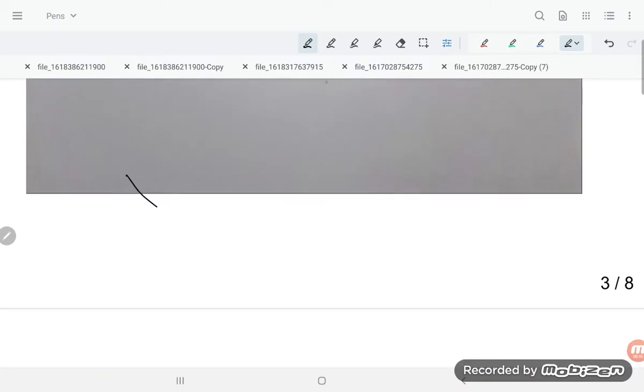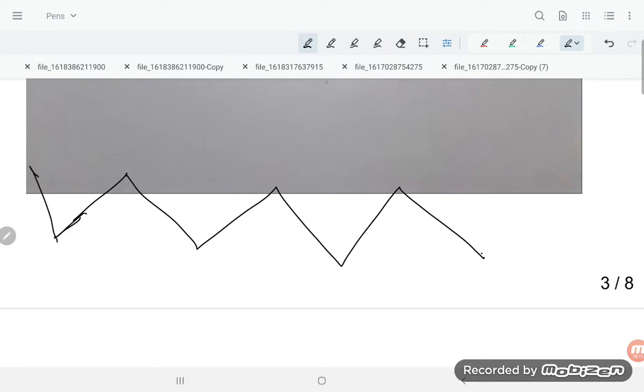Suppose I am taking this compound, students. With these positions, we are putting 1 2 3 4 5 6 7, and here I am putting one more bond, 8.